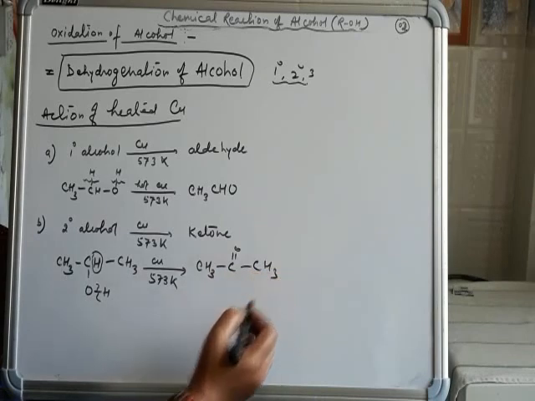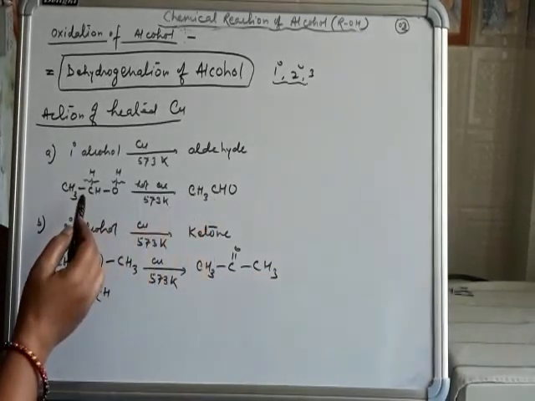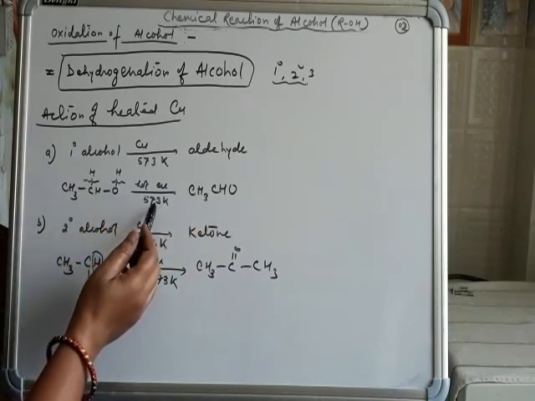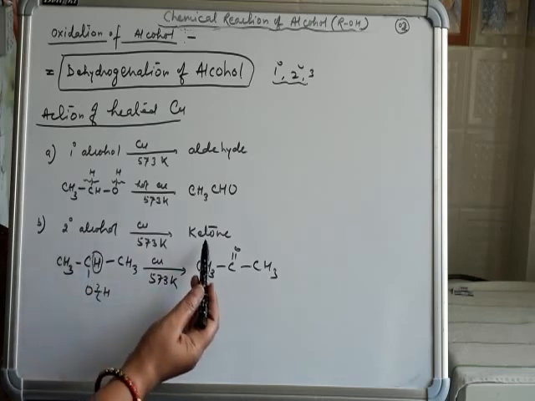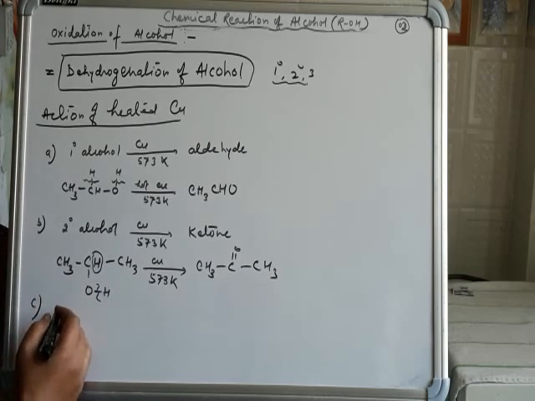1 degree alcohol is converted to aldehyde when the vapors pass through heated copper at this temperature, 573 Kelvin. 2 degree alcohol is always converted into ketone. And the most important, 3 degree alcohol. 3 degree alcohol does not undergo oxidation.